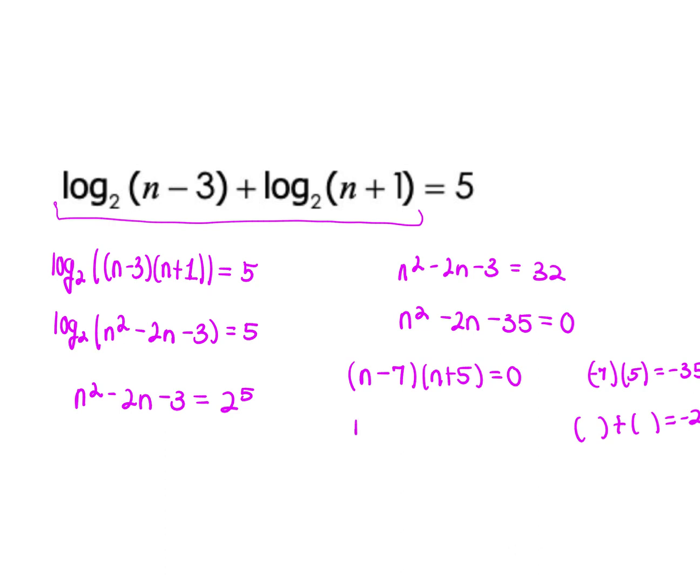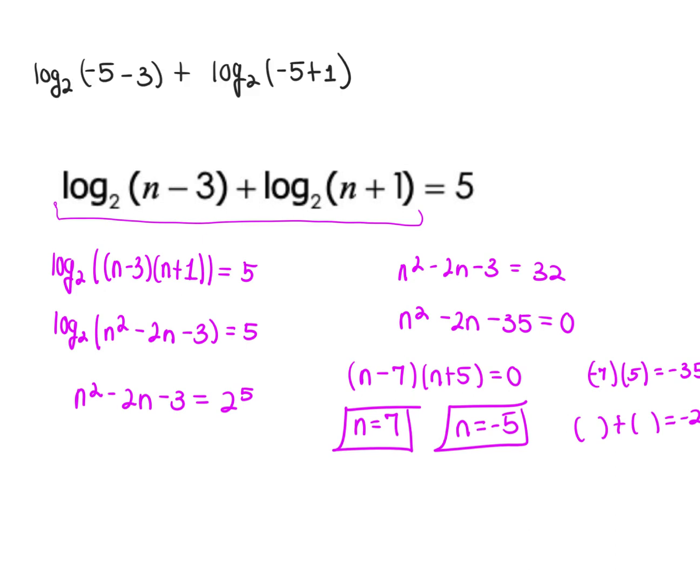So then n is either 7 or n is negative 5. And then to check this, we have to use our original expression. So if we plug in negative 5, we have log base 2 of negative 5 minus 3 plus log base 2 of negative 5 plus 1, which is log base 2 of negative 8 plus log base 2 of negative 4. So this is a problem. We cannot have negatives, so we cannot have an answer of negative 5.